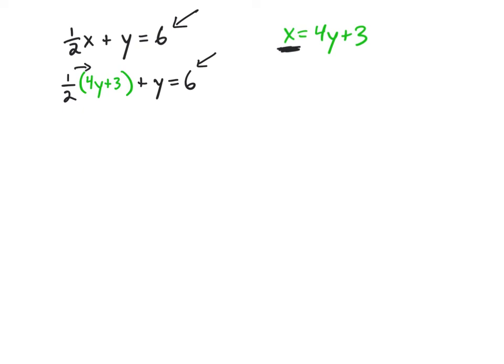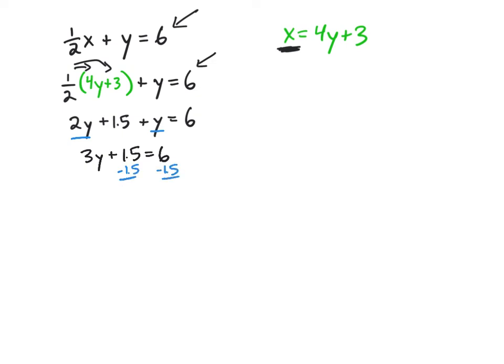So I distribute the 1/2, that gives me 2y. I distribute the 1/2, I'll go to decimals, write the rest of the problem, combine some like terms here, get 3y plus a decimal, get rid of that decimal, and we're just following along the middle school math at this point.